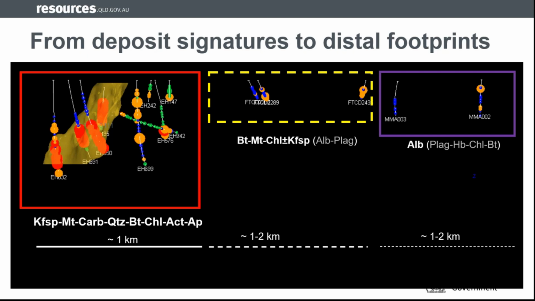We're reasonably comfortable that we can navigate our way and recognize proximal signatures within 1 kilometer along proper structures. We are somewhat struggling to go beyond 1 kilometer with whole rock methods, and we're aiming to go many kilometers. Probably the whole rock geochemistry and mineralogy is just not sensitive enough, and we need to use something else.